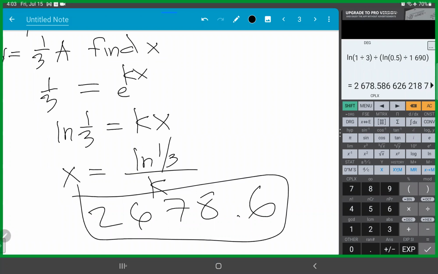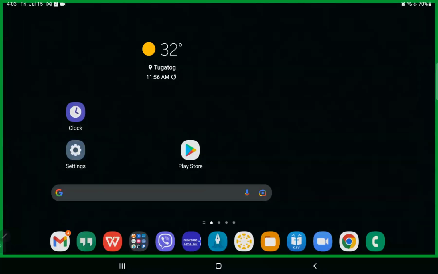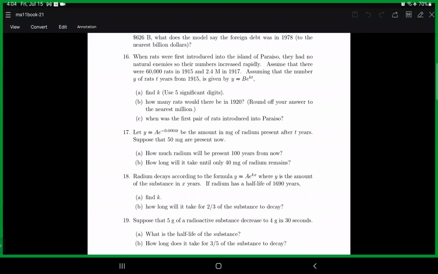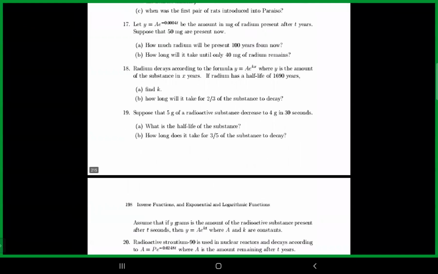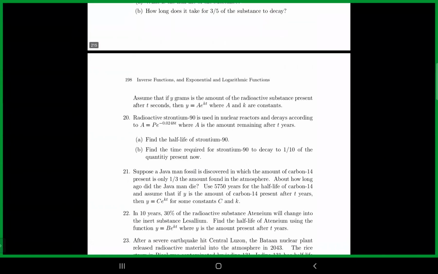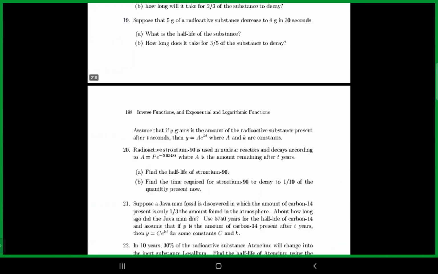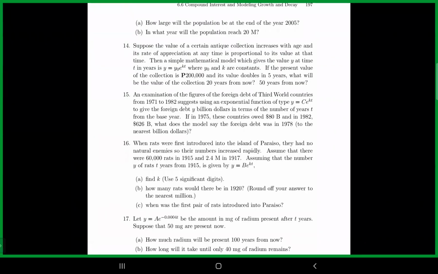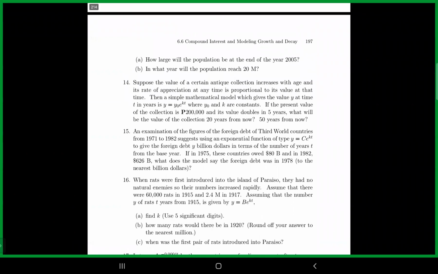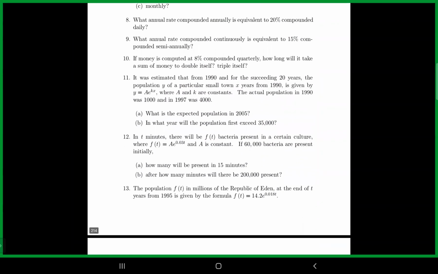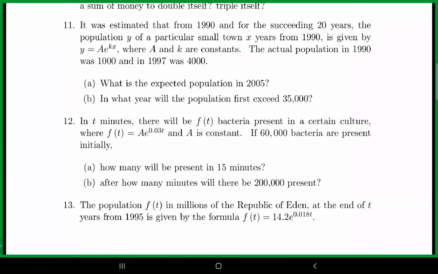Let me see some other problems dito sa book. Okay, dito ko kinuha yun eh. Okay, so sa exponential growth and decay, usually ganun lang naman yung ma-encounter nyo, like this one here.